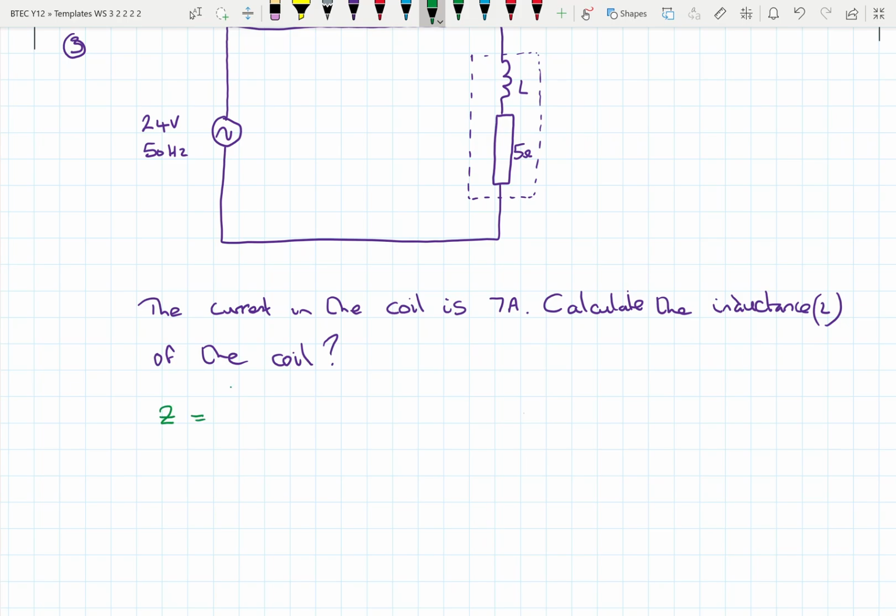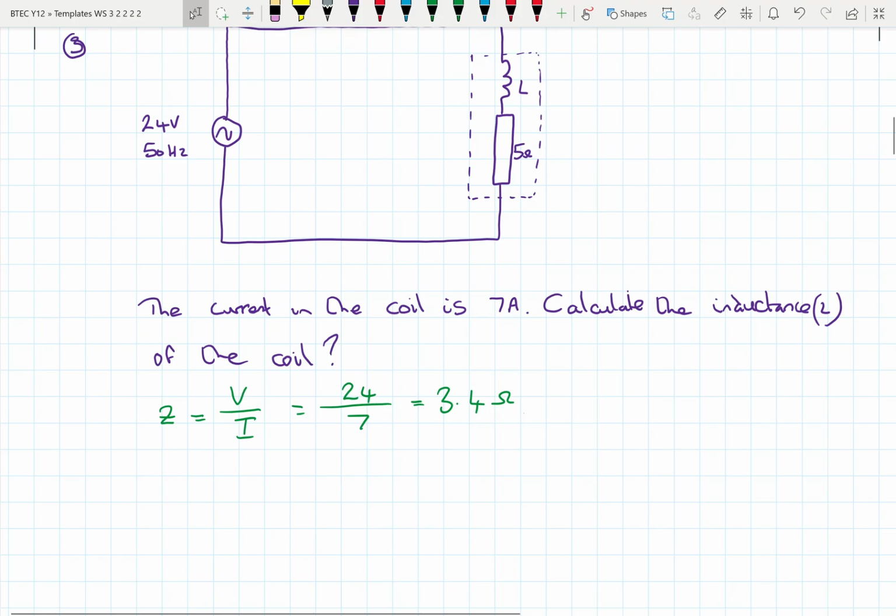So Z is equal to voltage divided by current. So we've got 24 volts divided by 7 amps. So we give ourselves 3.4 ohms. I thought I'd gone wrong, doing something different. Okay, so that's what we've worked out, effectively the equivalent resistance of this circuit.